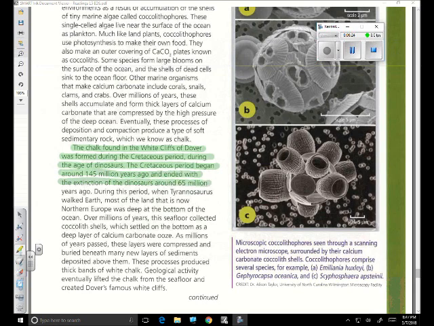During this period, when the Tyrannosaurus walked Earth, most of the land that is now North Europe was deep at the bottom of the ocean. Over millions of years, the seafloor collected coccolith shells, which settled on the bottom as a deep layer of calcium carbonate ooze.